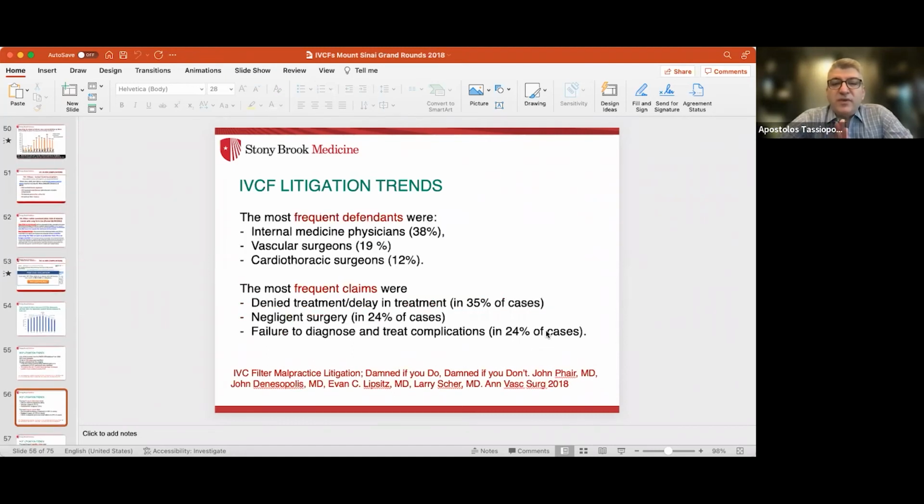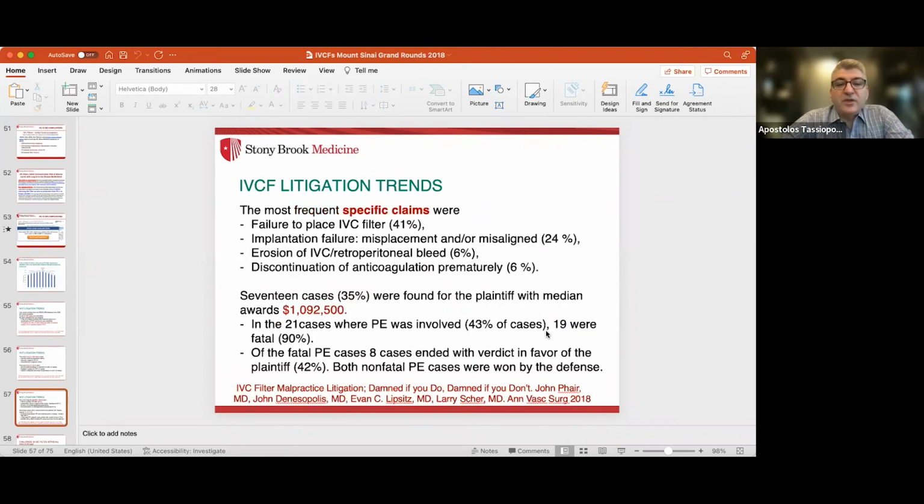The most frequent defendants here were internal medicine physicians and vascular surgeons, for the inability to insert the filter in a timely manner. The most frequent claims were denied or delayed treatment in 35% of the cases, negligent surgery in 24% of the cases, meaning doing it without any indication, and failure to diagnose and treat complications in 24% of the cases. 17 cases were found for the plaintiff with a median award of over $1 million.